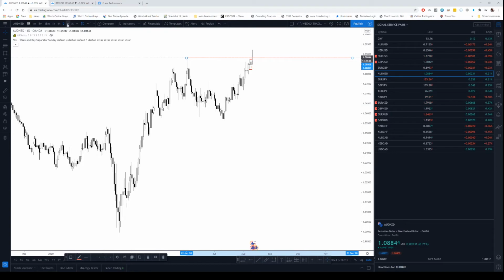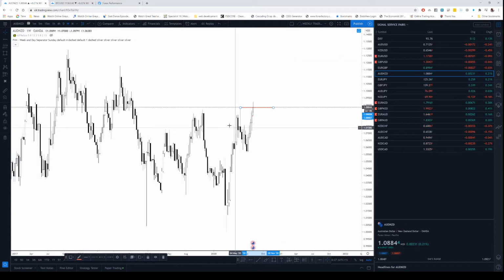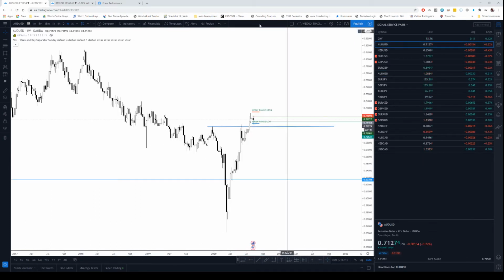However, if you look on the weekly, we did run this high and then rejected. So if they've come back up again, it means that they don't want to go down. They are not willing to go down, they want to take price up. Therefore we go with that one. One thing I would point to, for you to know that this thing is going up, is to observe this on the monthly time frame.